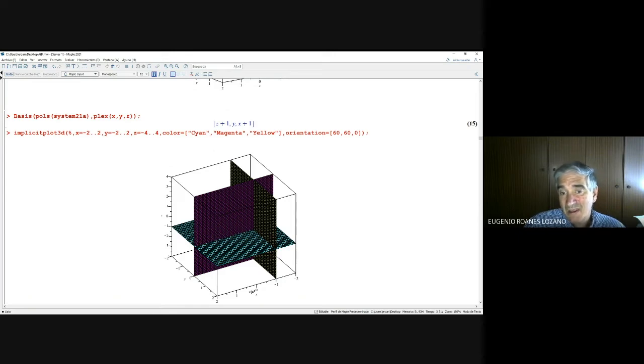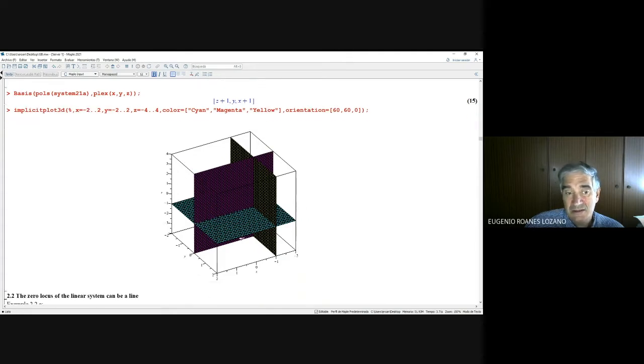So from an intuitive point of view, it's reasonable that it tries to give it in the simplest possible way. In this case, the 3 planes are parallel to the planes containing 2 coordinate axes.